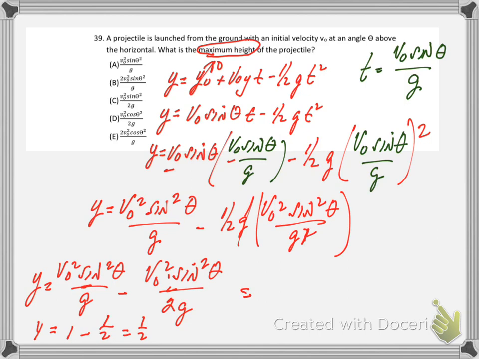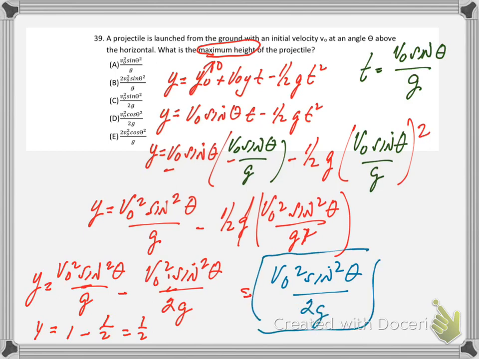So that literally is going to equal v naught squared sine squared theta over 2g, which looks a whole lot like that, or the 1/2, as we're seeing here. That would correspond to C.